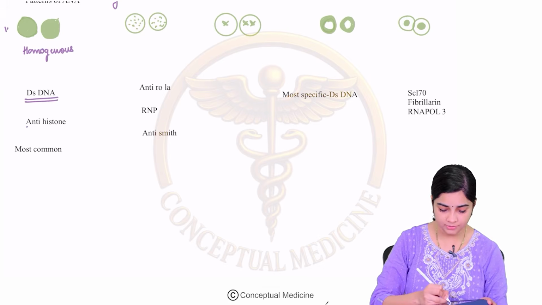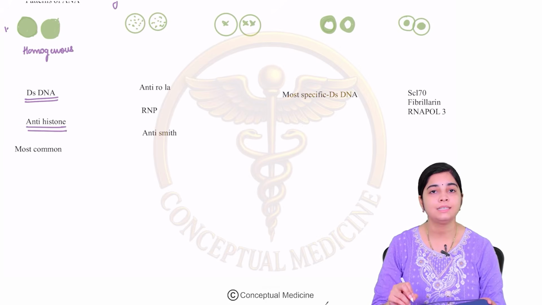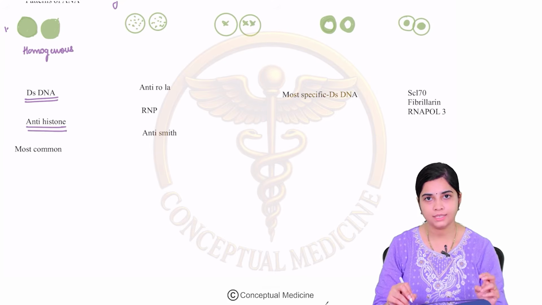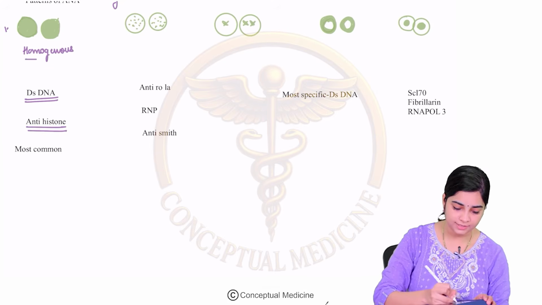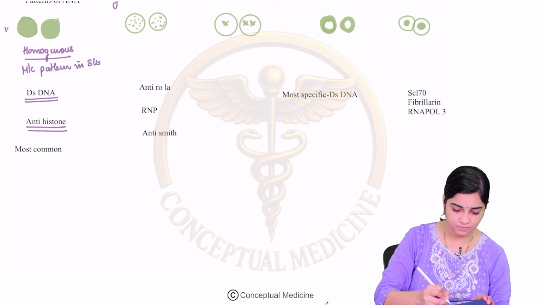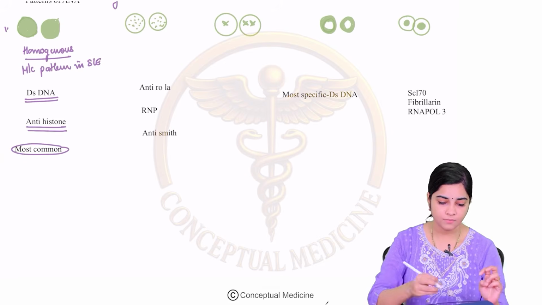It can also be associated with the anti-histone antibody, right? So dsDNA and anti-histone can result in a homogeneous staining, and this homogeneous pattern is the most common pattern seen in SLE.